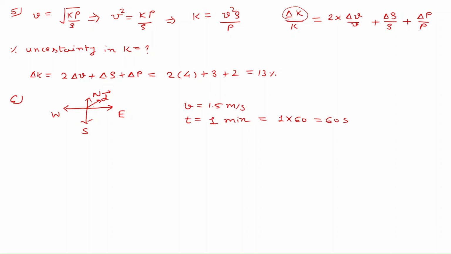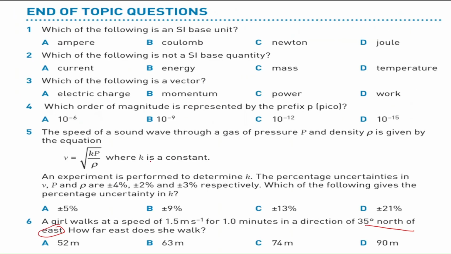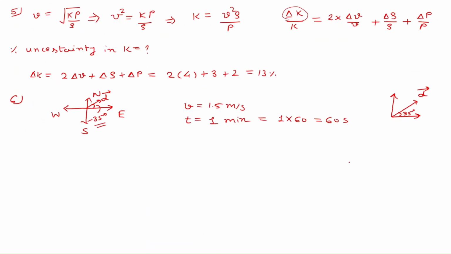North of east means this angle, which is 35 degrees. This is the displacement vector. And what we need is how far east does she walk? It means we have to find this value.